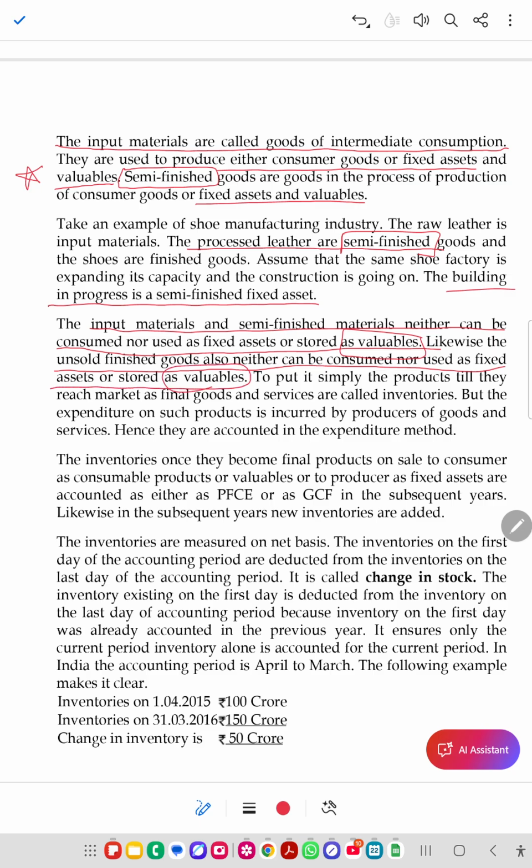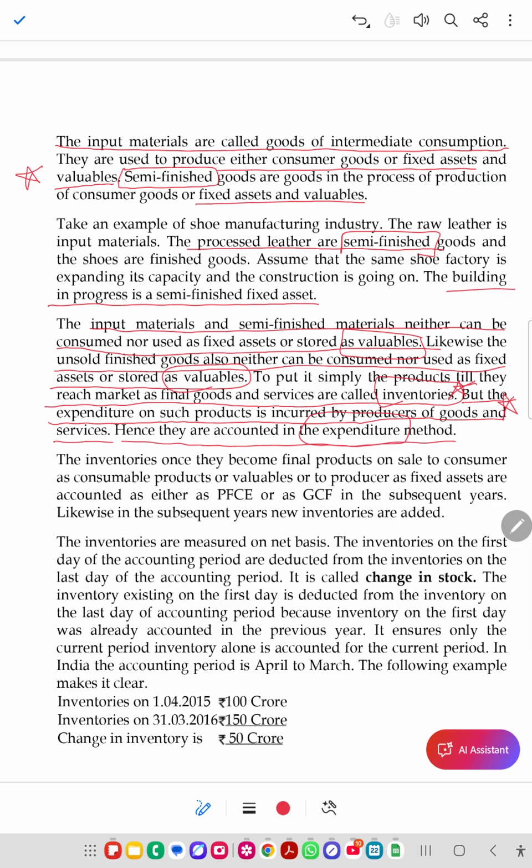To put it simply, the products till they reach the market as final goods and services are called inventories. But the expenditure on such products is incurred by the producers of the goods and services. Hence, they are accounted for in the expenditure method.